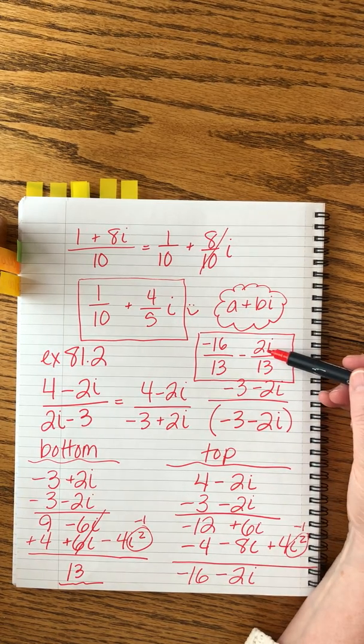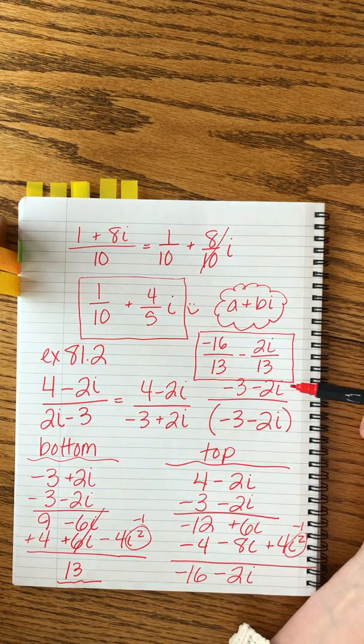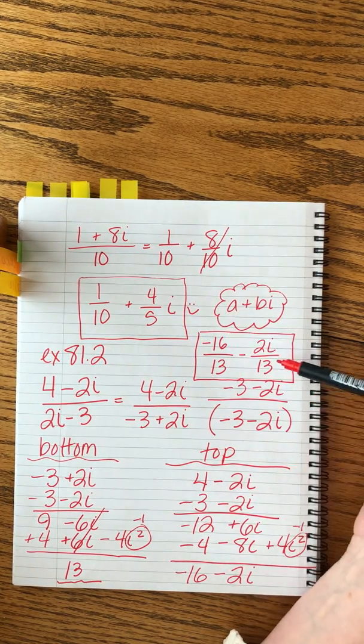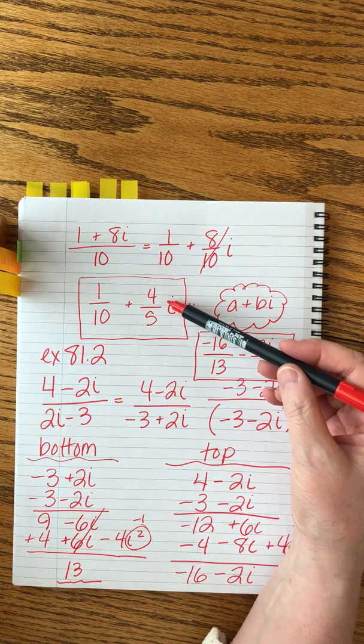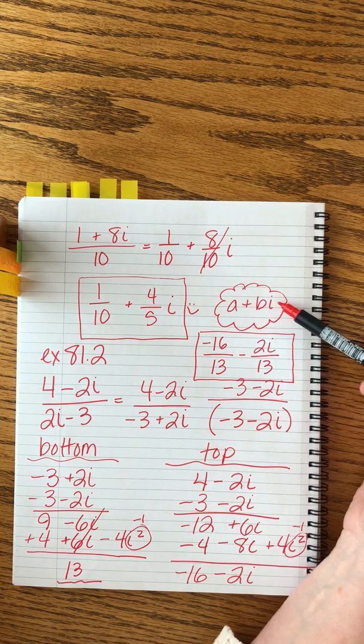I put my i up here in the numerator. This time I put it floaty. Either one is fine. I wanted you to see both ways of doing it. It's absolutely fine both ways. I guess I kind of prefer this because it just stays so strong to this a plus bi format. But this is okay too.